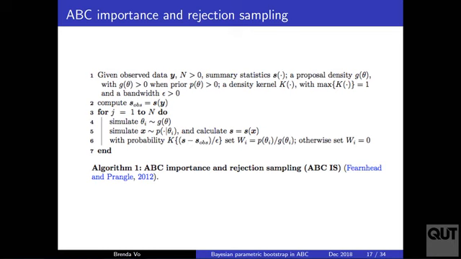This one is the ABC importance and rejection sampling from Fearnhead and Prangle 2012.